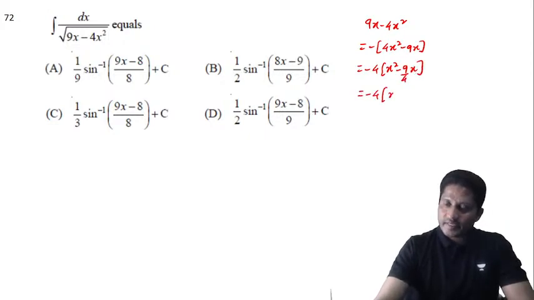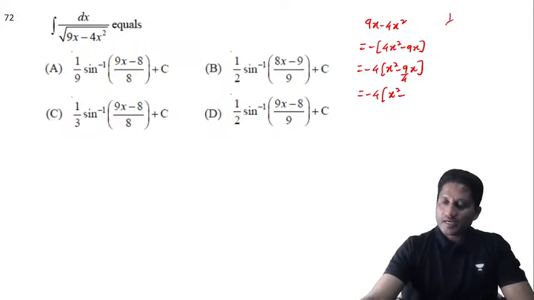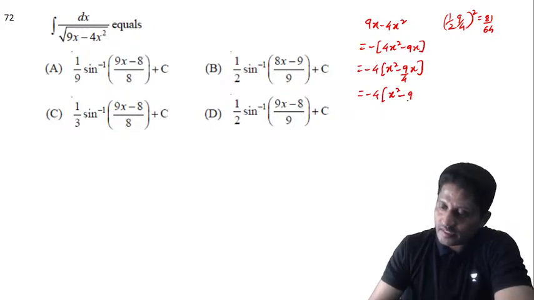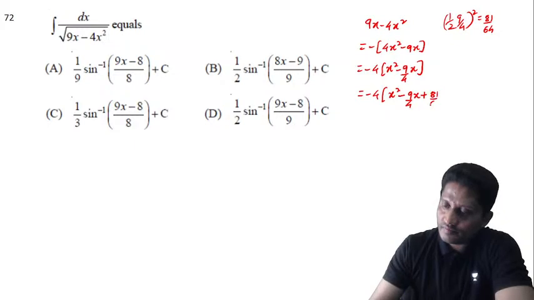Okay, x square minus 9 by 4x. Add and subtract half of coefficient of x the whole square, this is 81 by 64. X square minus 9 by 4x plus 81 by 64 minus 81 by 64.